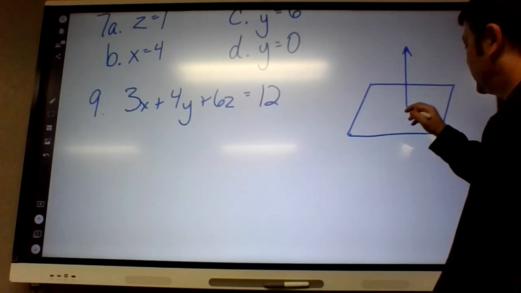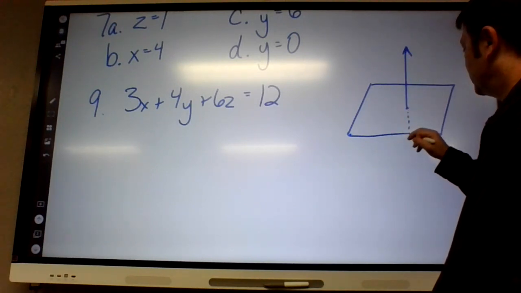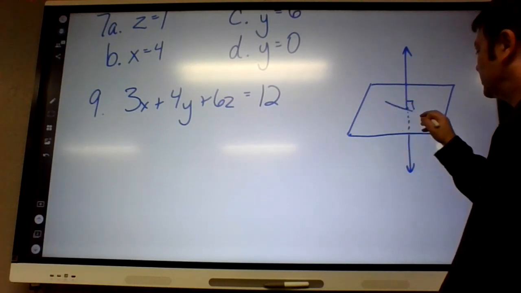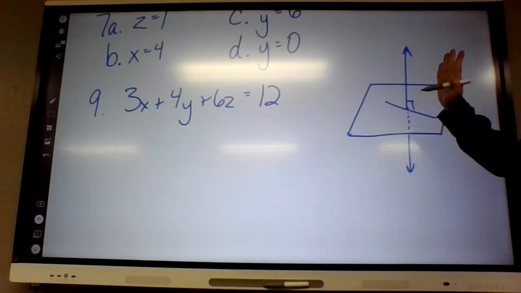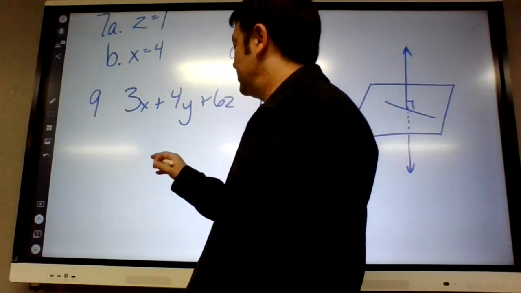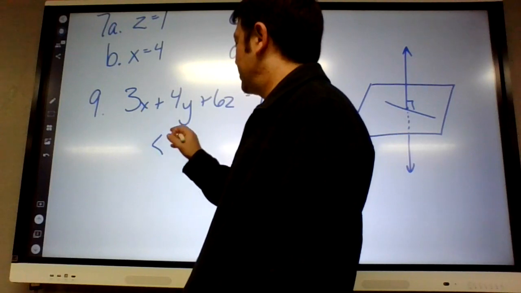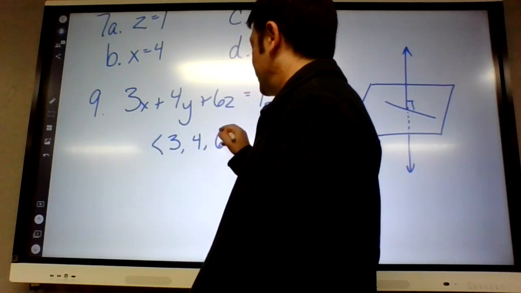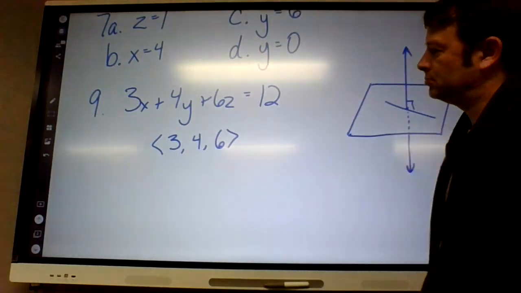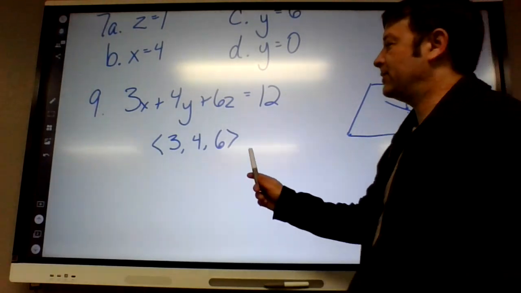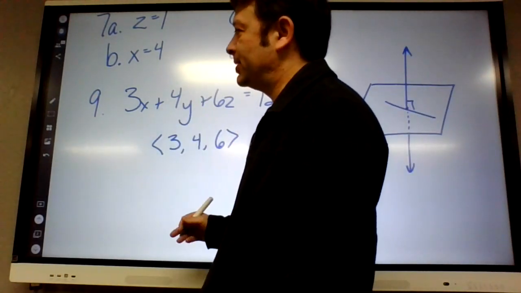That means it would have to be like sitting straight up, kind of. It's 90 degrees with any line on the plane. Anyways, a vector like 3, 4, 6 would be perpendicular to the plane. So you can kind of just steal those numbers. Not sure why that works. I've never gone and read any proof for it. But anyway, vector 3, 4, 6 is going to be perpendicular to this plane.